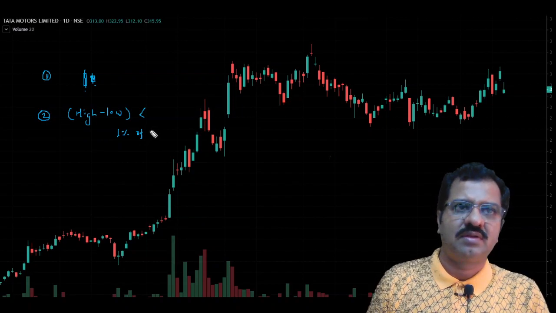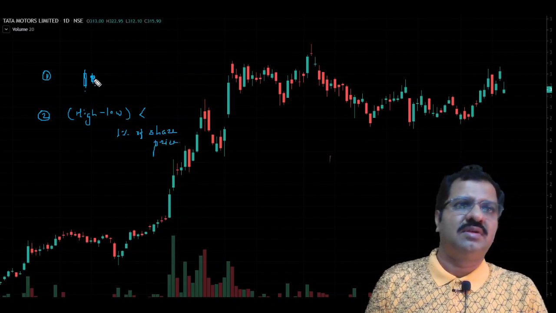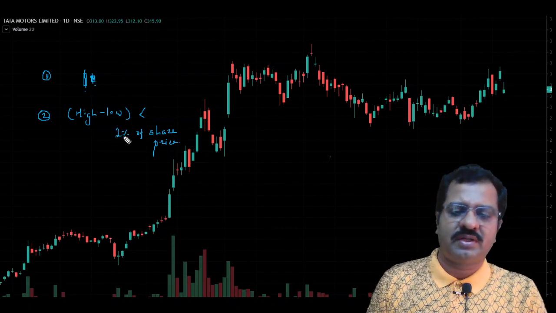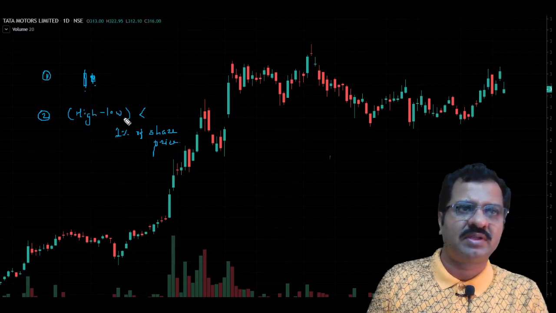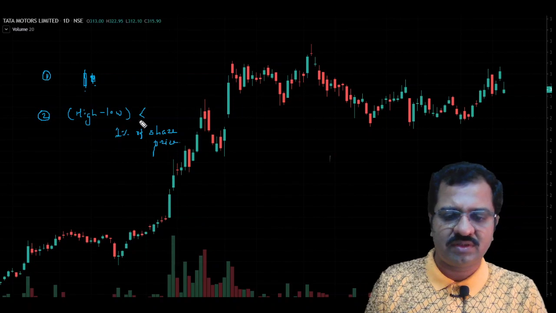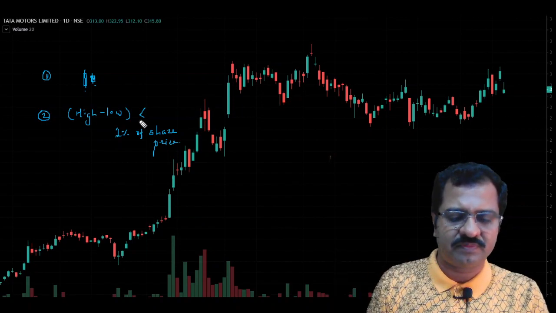The share price is today's closing price, right? Wherever it closed today, the candle height should be less than 1% of the current price of that share.